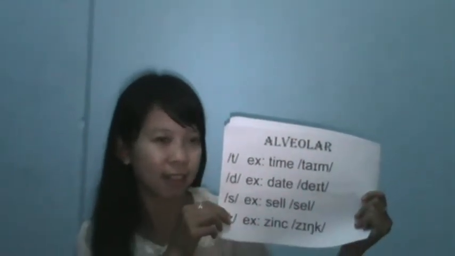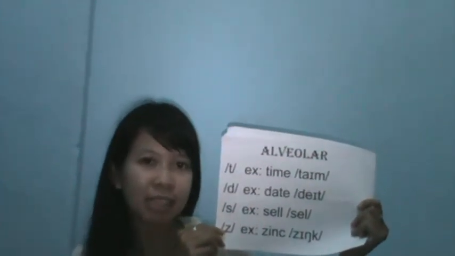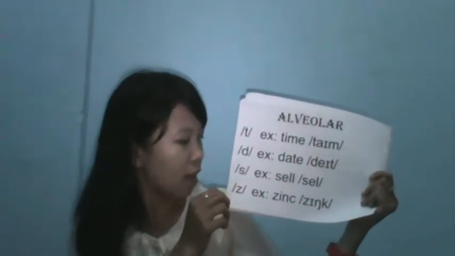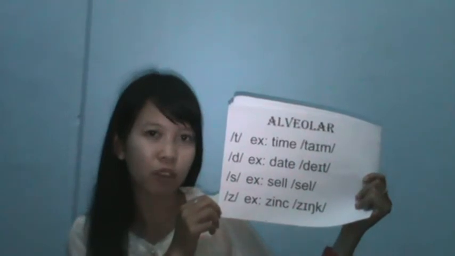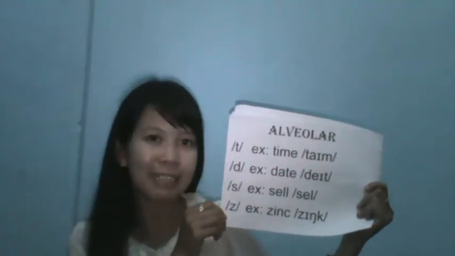And then the d sound. For example, dead. And then the s sound. For example, cell. And then the z sound. For example, zinc.